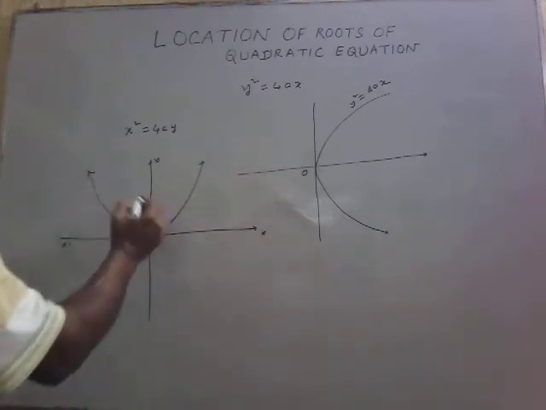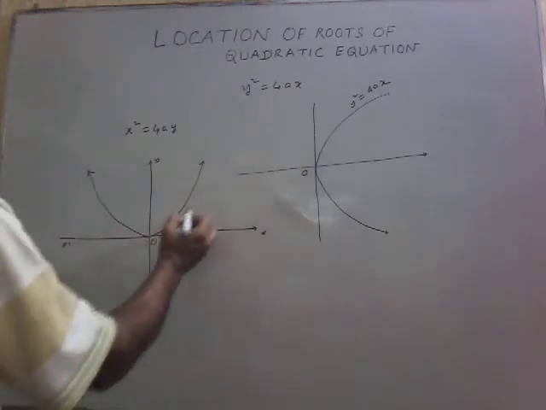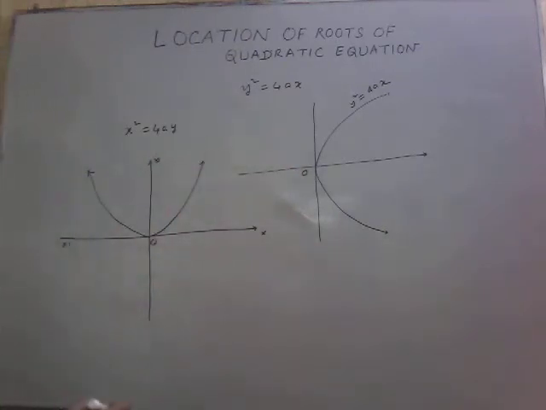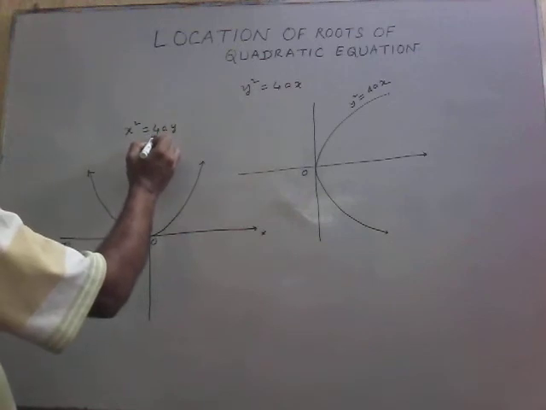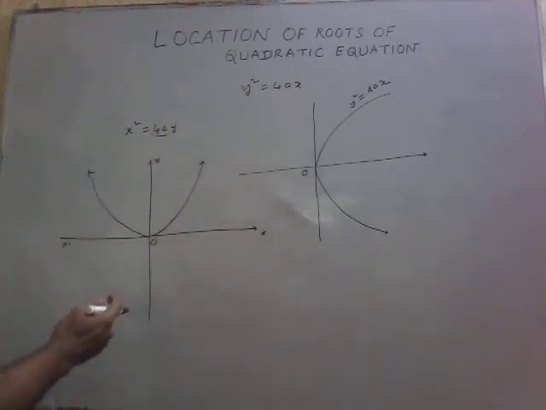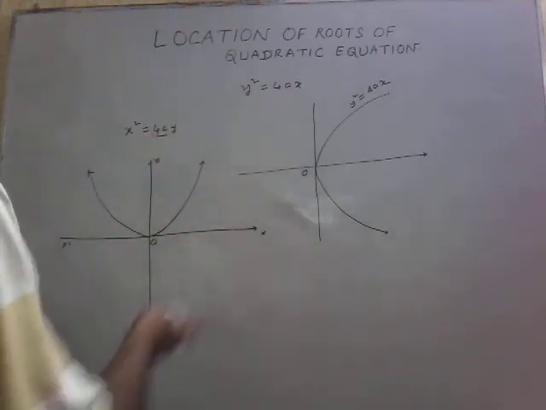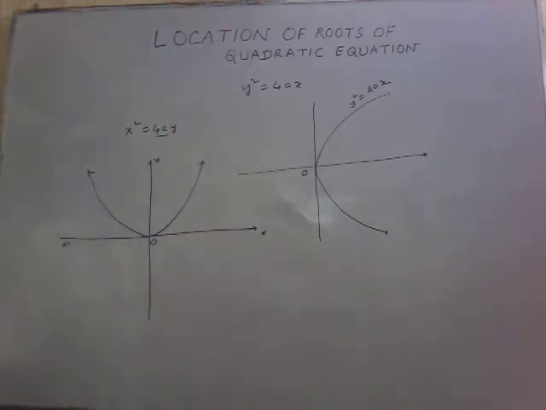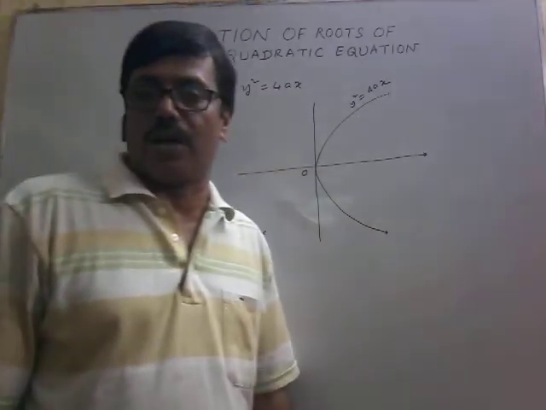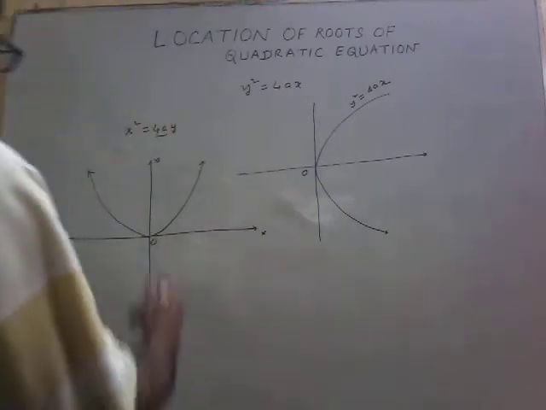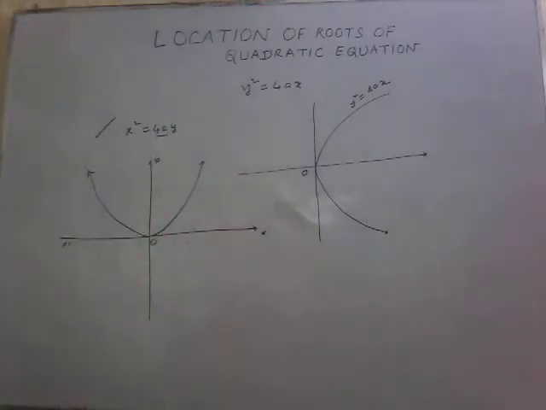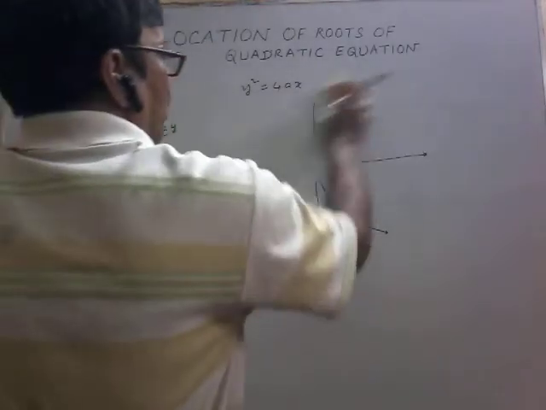X square, this is symmetric about y-axis. If 4a is positive, then the parabola opens upwards. So we need this nature for quadratic equation.